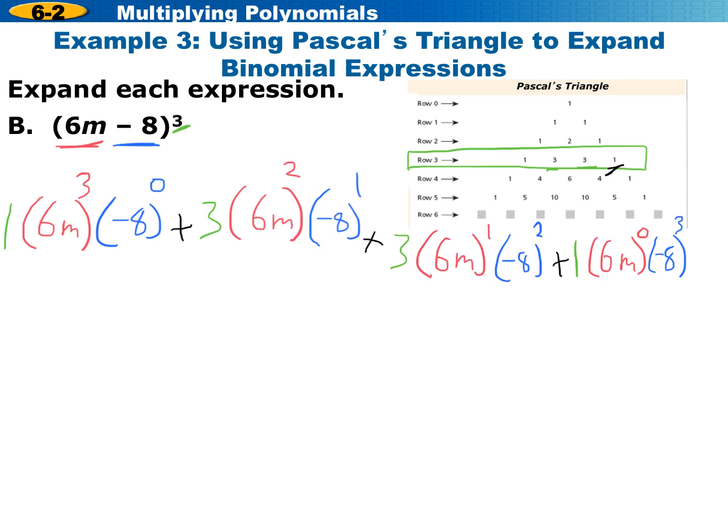Now you can simplify this all at once. I'm going to add in one extra step so you can see how I'm simplifying the red pieces. So we have 1 times 6 to the third times m to the third. Negative 8 to the 0 power is 1.